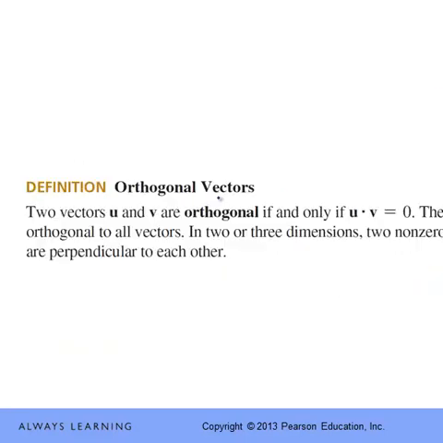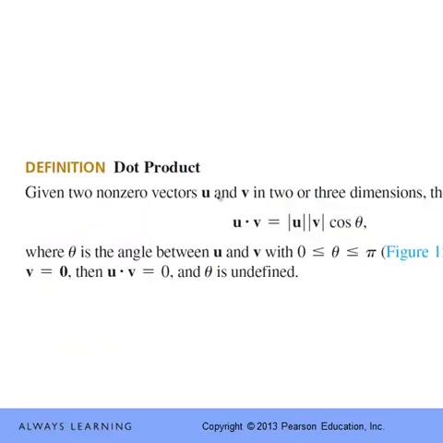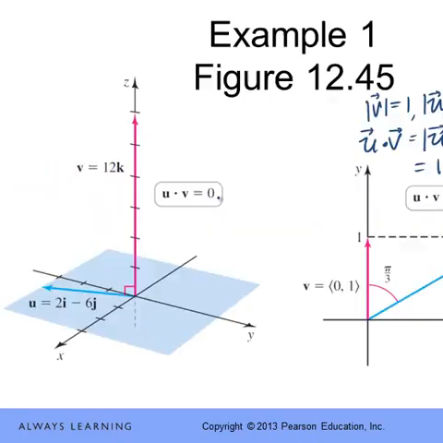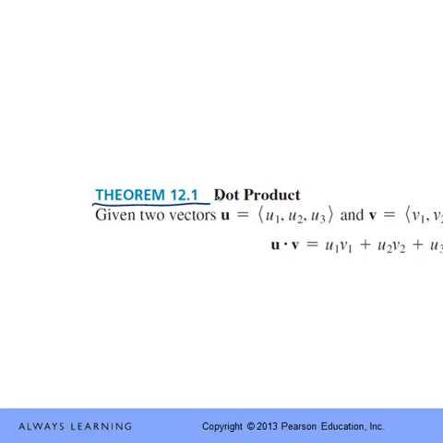Now, let's go back and review. There's the definition of the dot product. And it just so happens, as a theorem, that you could also write your dot product this way. And why should this be so?